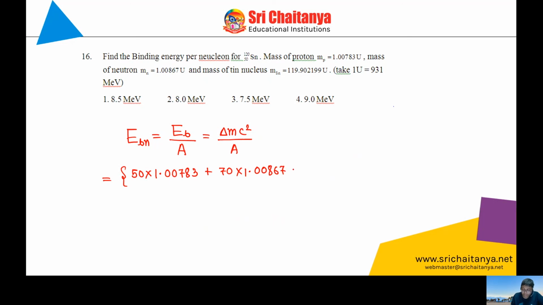And from this I must subtract the mass of the nucleus itself, which is given to us as 119.902199. So this is the mass defect in AMU, and 1 AMU is equivalent to 931 mega electron volt. This conversion factor they have given, so that multiplied with 931 mega electron volt and a little bit of calculation will give you the result as 8.50 mega electron volt, which is option 1.